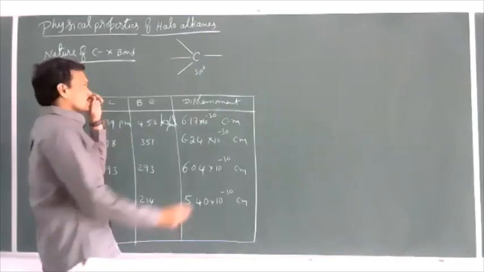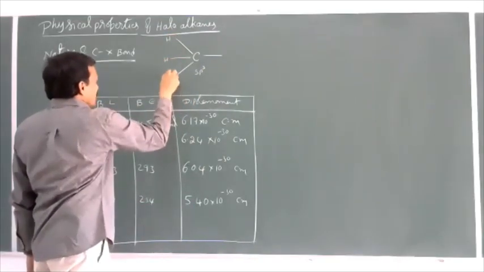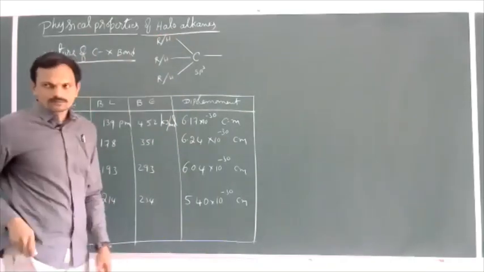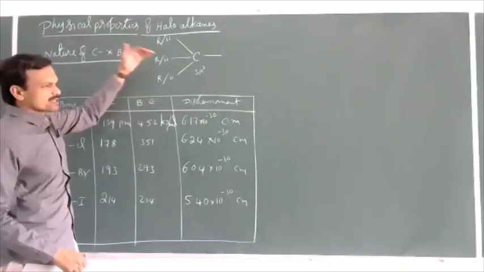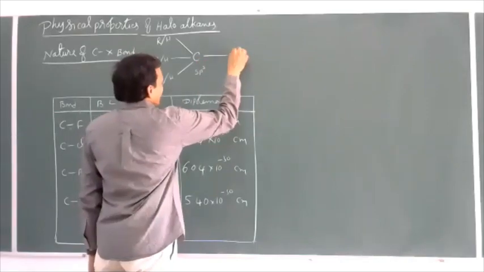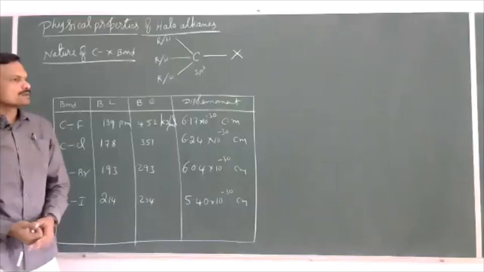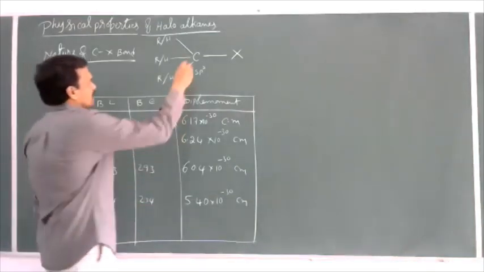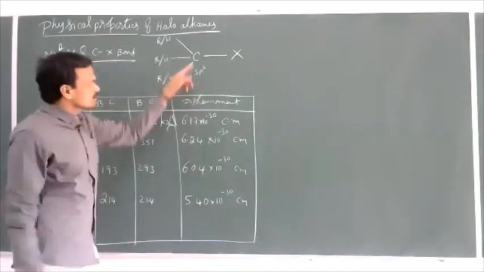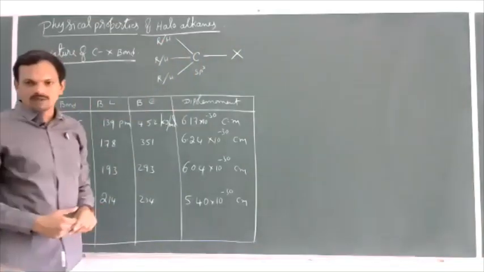Now to this sp3 hybridized carbon, at these three positions, either hydrogen or alkyl group may be attached, depending on primary, secondary and tertiary. And here the fourth valence is satisfied by halogen X. See, the electronegativity of carbon is approximately 2.5, whereas among halogens, fluorine is the most electronegative element.